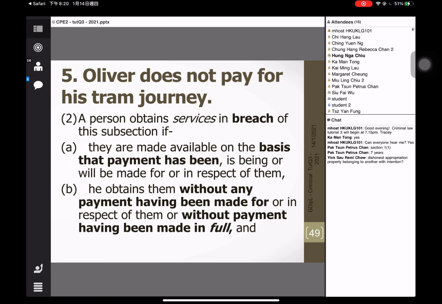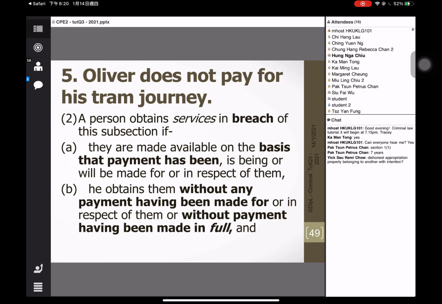So made on the basis that payment has been made, is being made, or will be made for or in respect of them. And secondly, that he obtains them without any payment having been made for or in respect of them, or without payment having been made in full.